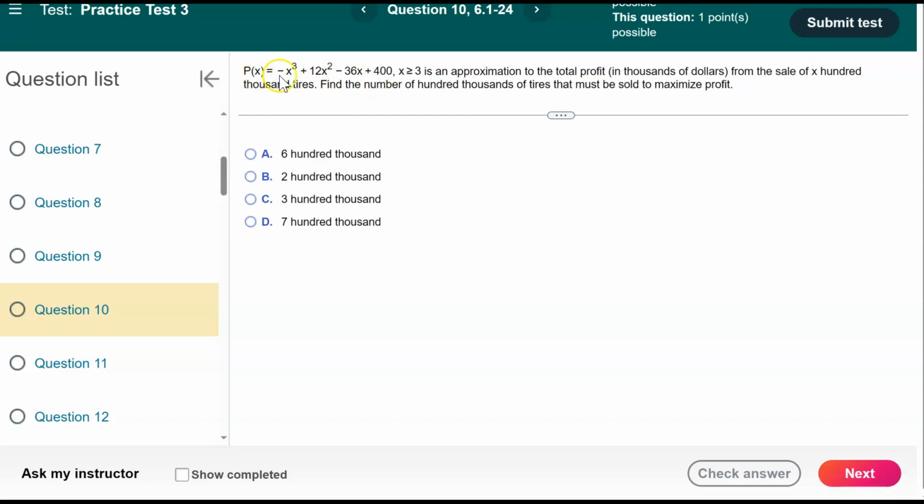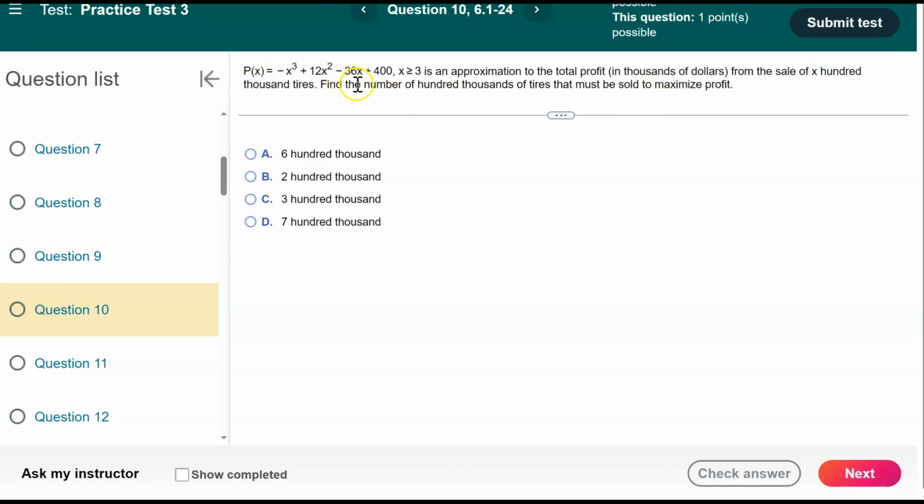Suppose P of x, which is given by this expression, and x is greater than or equal to 3, is an approximation to the total profit in thousands of dollars from the sale of x 100,000 tires. Find the number of thousands of tires that must be sold to maximize the profit.